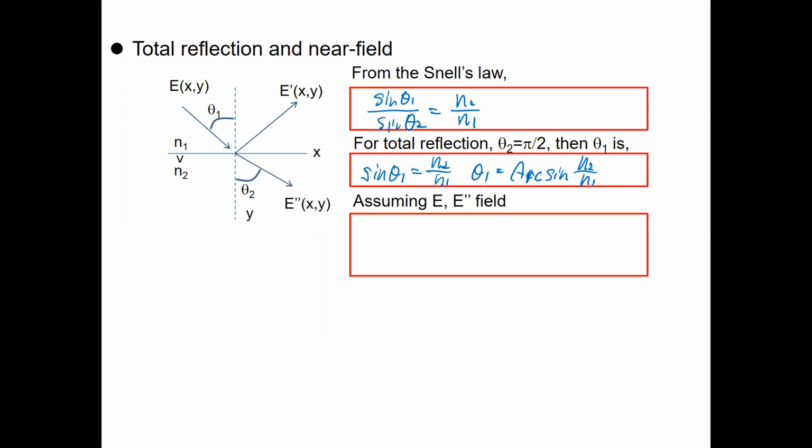When the incident angle is larger than theta 1, the light is totally reflected.